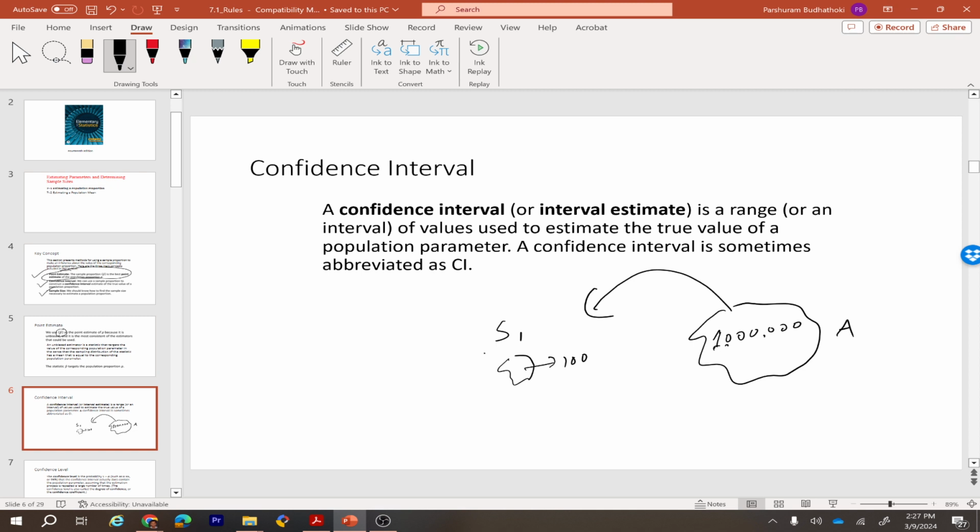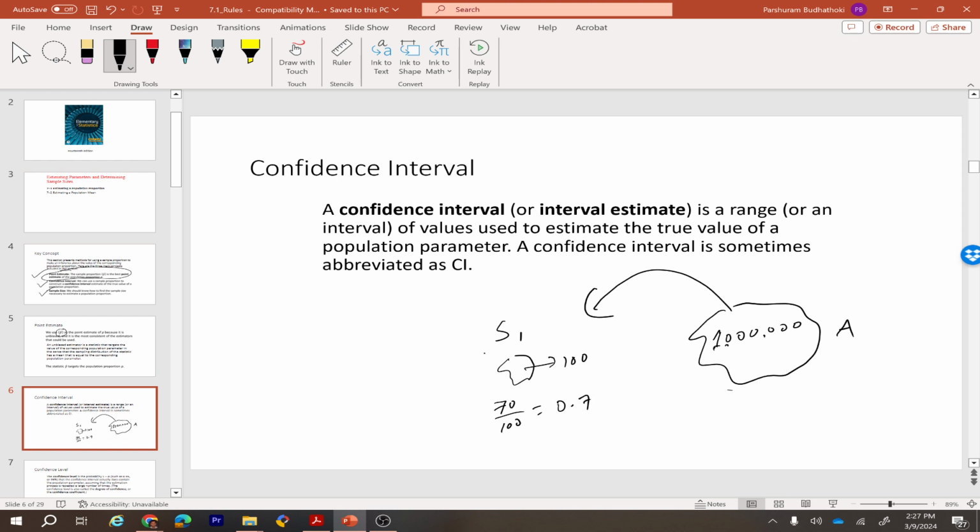Let's assume we would like to find out of this 1 million people, how many use internet every single day. To find the answer, we took a sample of size 100, and out of 100, 70 of them said they use internet on a regular basis daily. So that means the proportion is 0.7.